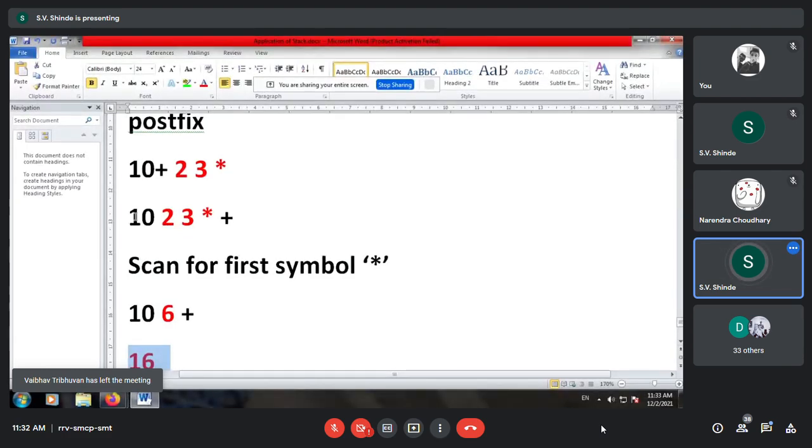If you scan the expression from left to right, the first symbol is automatically detected and you have to just pop the things and you will get the results. The postfix expression is best for mathematical evaluation is the conclusion of the current discussion.